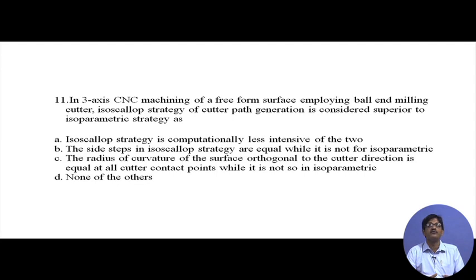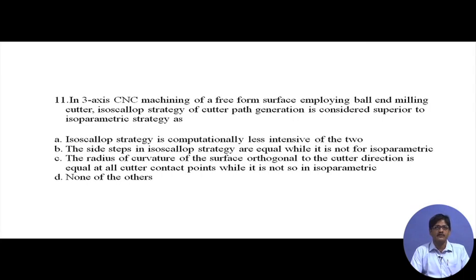B: the side steps in the isoscallop strategy are equal, while it is not so for isoparametric. Mind you, side steps are not equal in isoscallop. Scallop height is equal, but not side steps. So, B is also wrong.